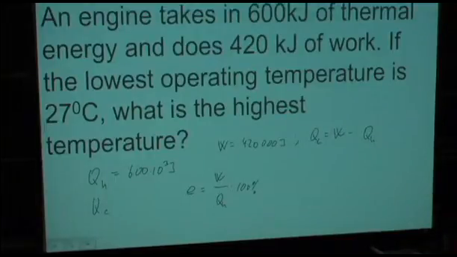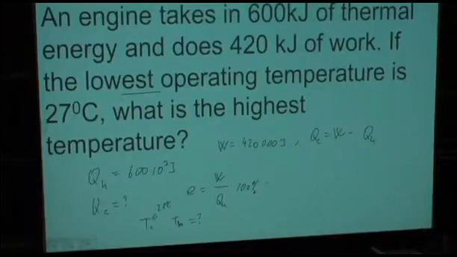Well, the lowest temperature. Again, when the question is about temperature, we have to choose between two: TC and TH. TH is the highest temperature, TC, that's what we call cold, the lowest temperature. So that's what we know, that's what we're looking for. That's what we know: 27 Celsius.